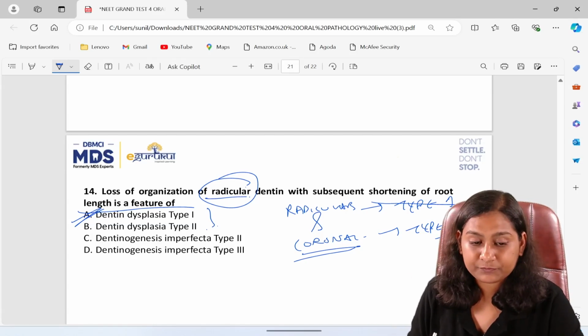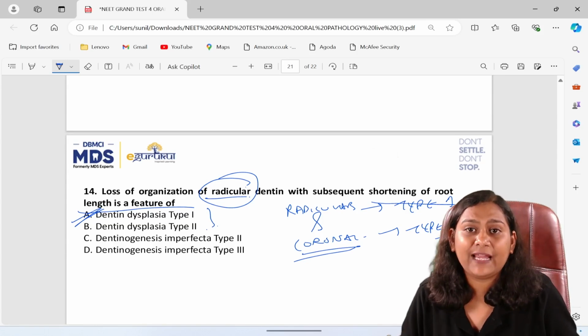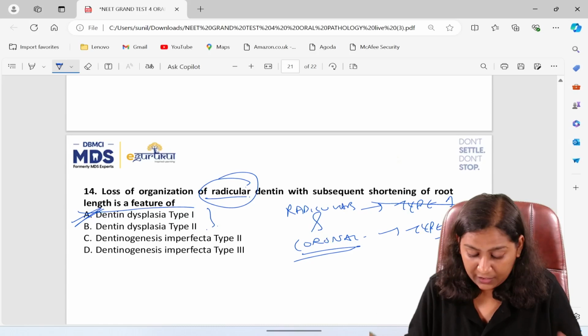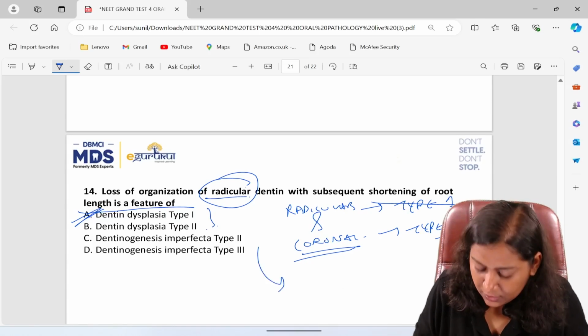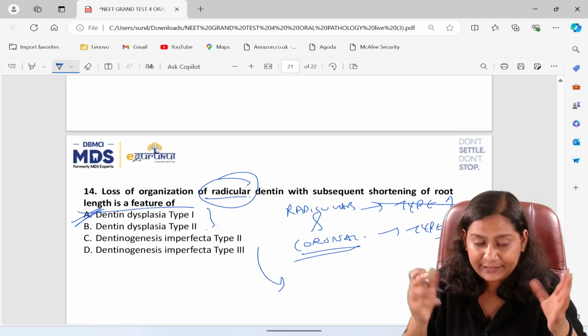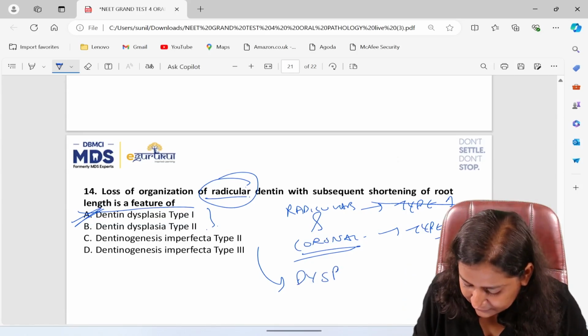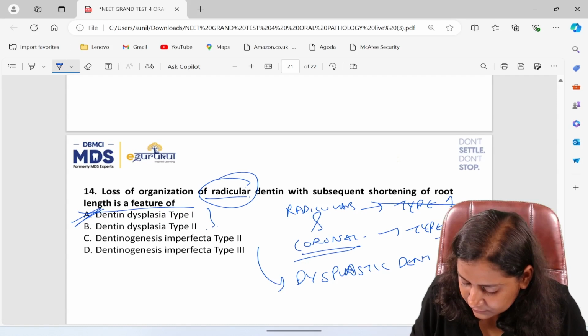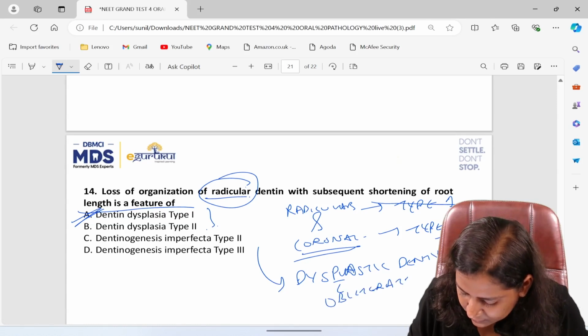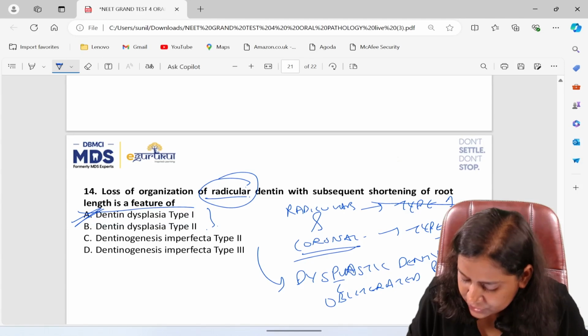There will be excessive dentine formation. And if there is excessive dentine formation, the dentine is very much, so what will the pulp chamber be? Obliterated. Dysplastic dentine with obliterated pulp chamber.